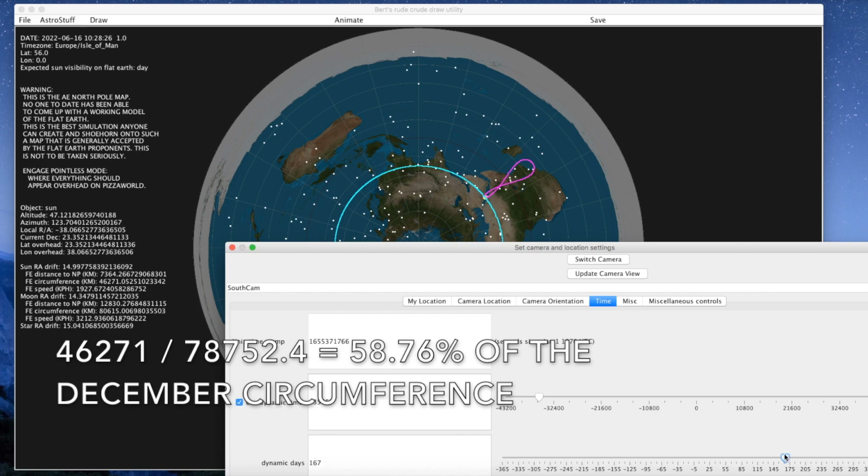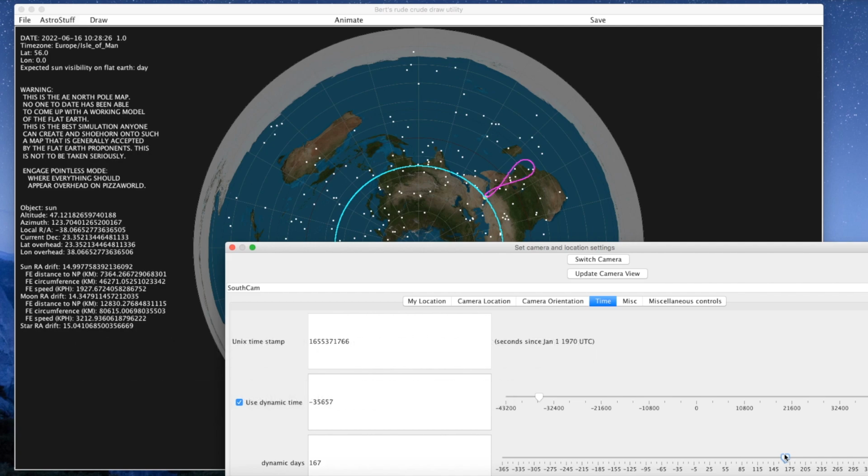So this is yet another example of how the flat Earth model breaks. It would mean that the sun is constantly speeding up and slowing down and changing its circuit around this flat Earth.